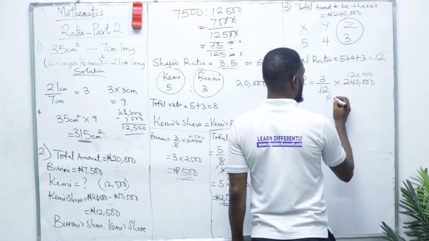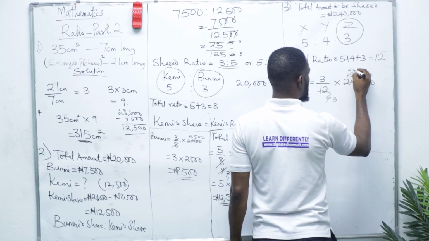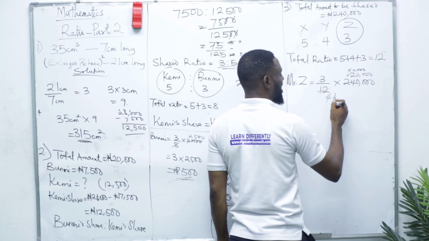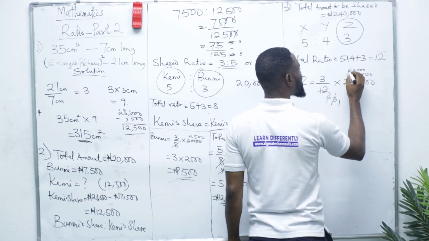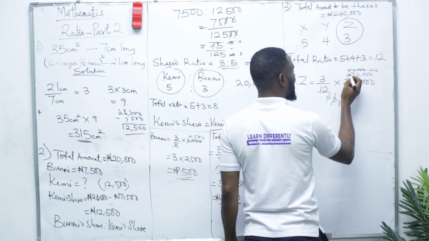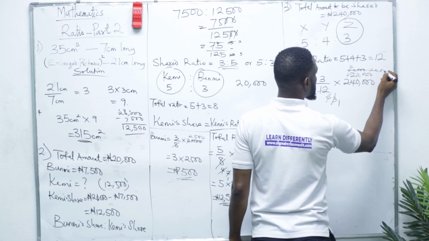2 can still go here to be 3. 2 in 12 is 6. We have 60,000 naira at this point now, right? 3 here is 1. 3 in 60 is 20. So this is 20,000.